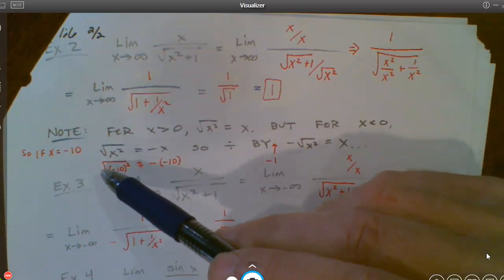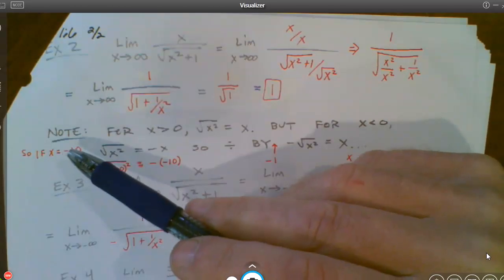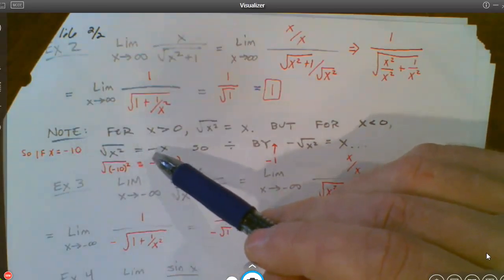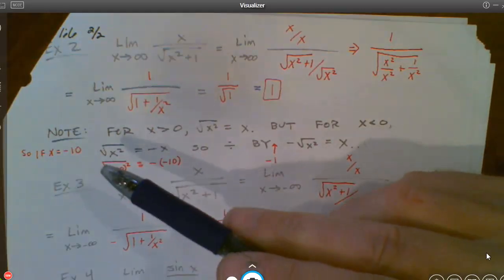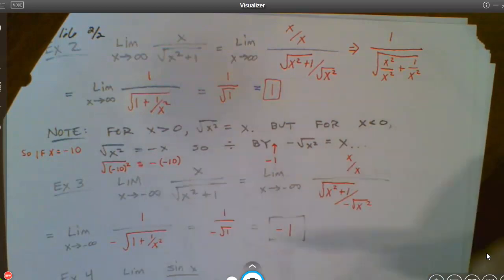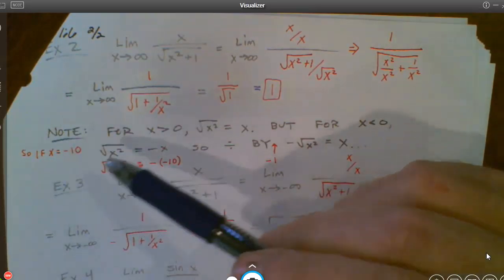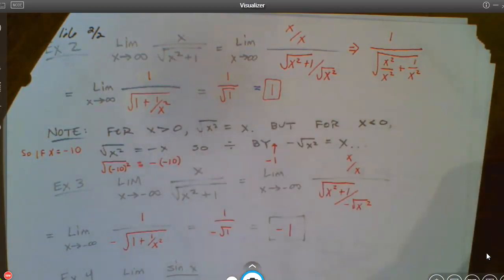So then when you square rooted it, you'd be left with a positive 10. Well, that wouldn't equal negative 10. So you got to throw the negative in order to adjust the sign, right? And so now you would have positive 10 equaling positive 10 to make it a true statement. So if x is approaching negative infinity, then just remember that this statement would equal negative x instead of positive x.